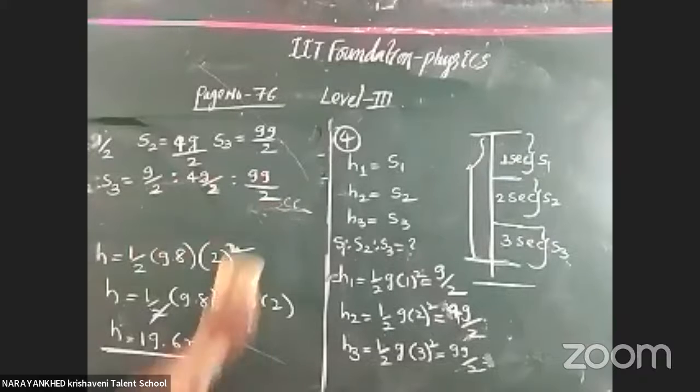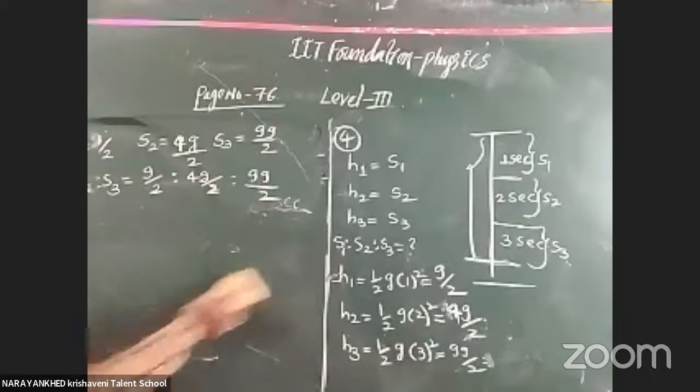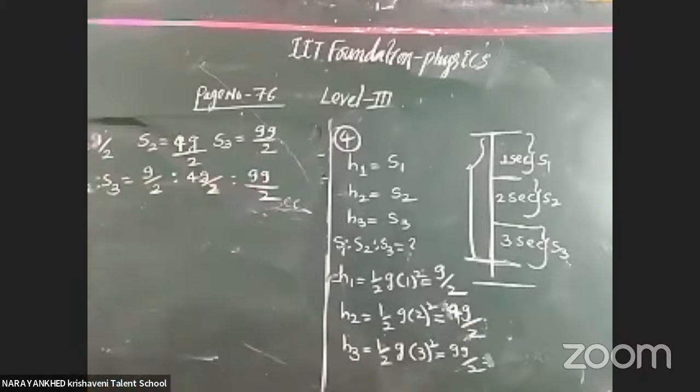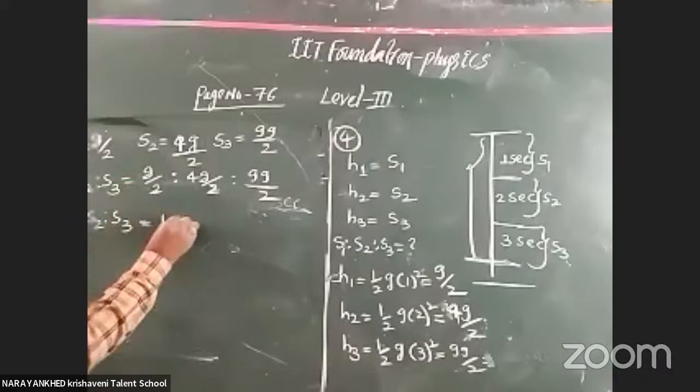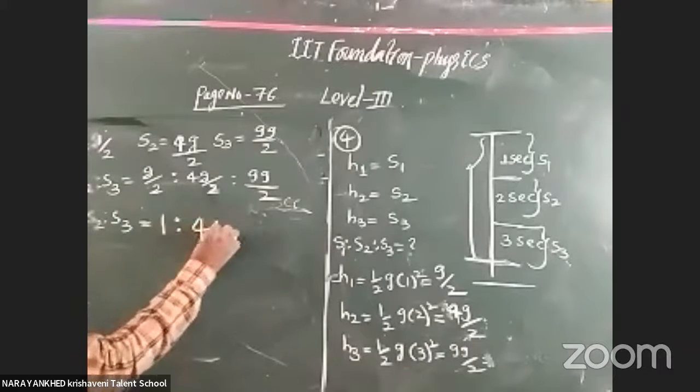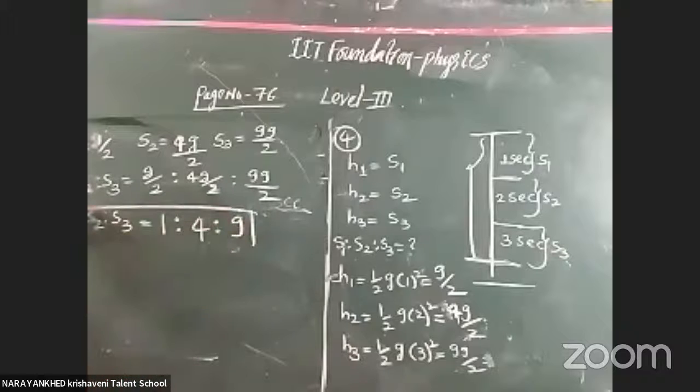I hope you got it here. What does it become now? G by 2 is common in everything, or not? Then it is written as S1 is G by 2, S2 is 4G by 2, and S3 is 9G by 2, so the ratio is 1 is to 4 is to 9. This is the answer.